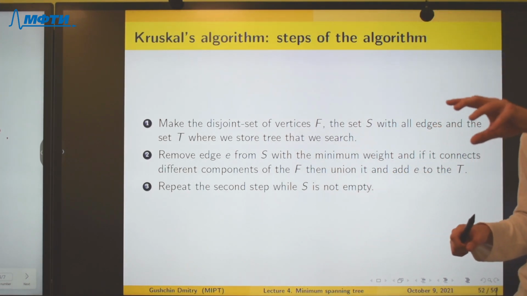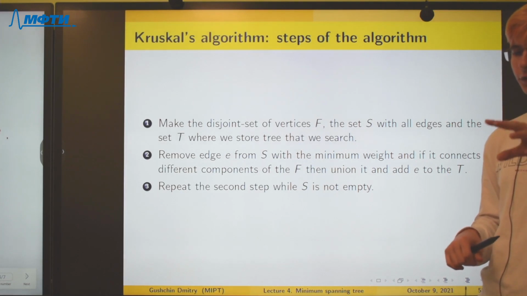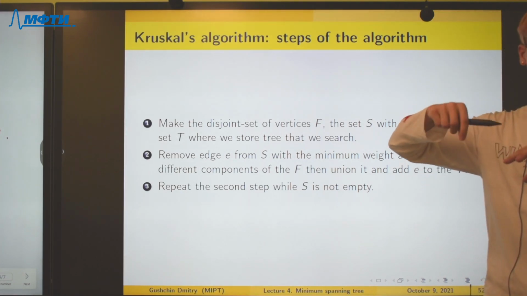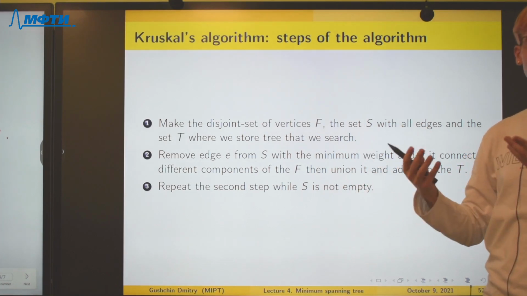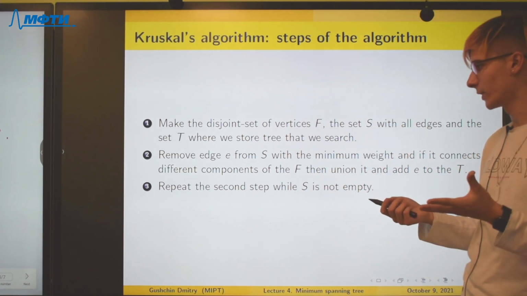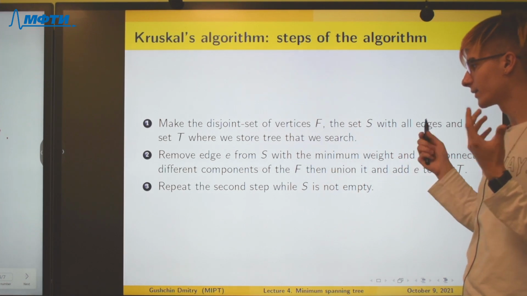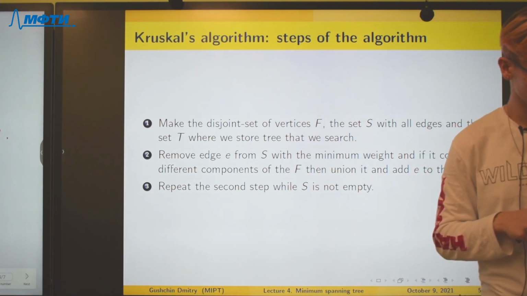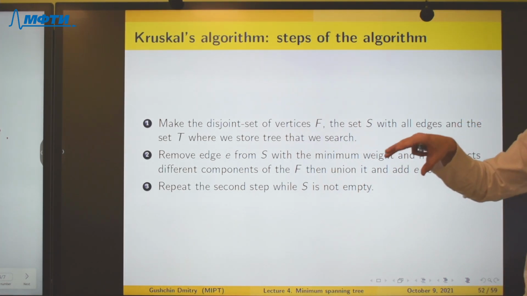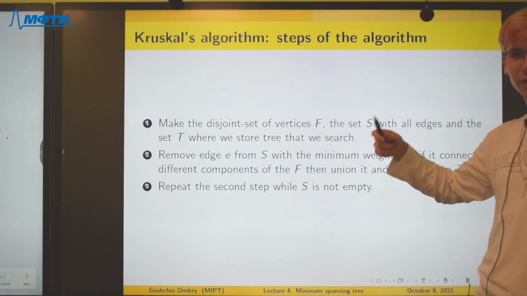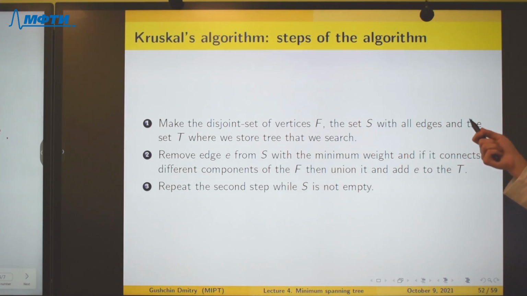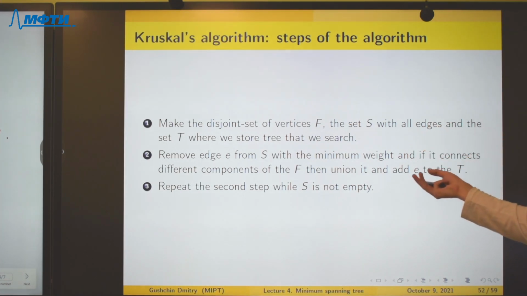For each component we find the minimum cost. For all vertices we find the edge with the minimum weight and add it to our tree, and then we connect different components, union them, and repeat until we get a tree.